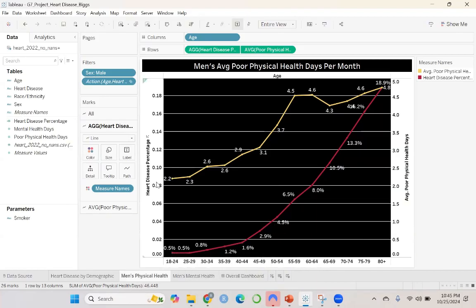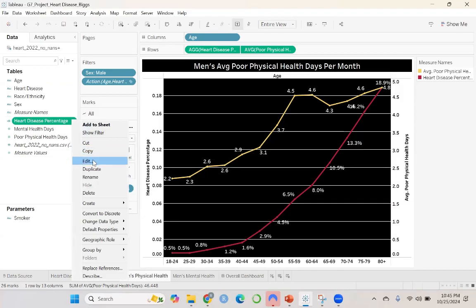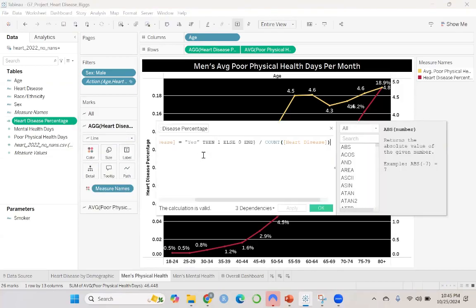To create this heart disease percentage on this double axis line graph, we created a calculated field called heart disease percentage. I'll pop that open real quick. We can see how we calculated it.